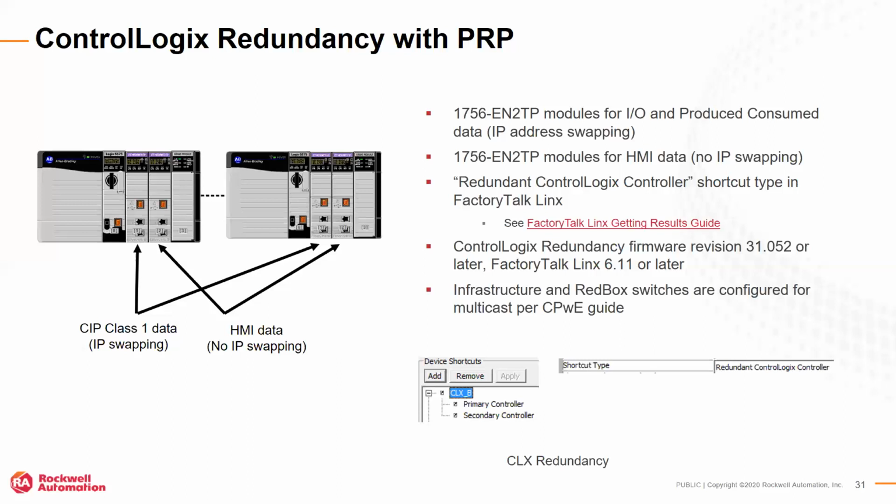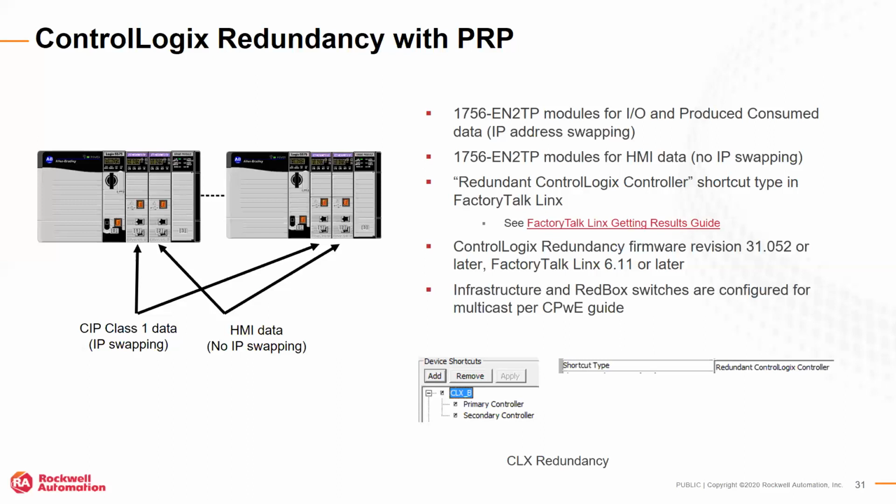If you turn off IP swapping for the HMI data, that potentially reduces the convergence time in your HMI on a swap over. That functionality is available with version 31.052 of the firmware, and also with FactoryTalk Linx version 6.11 or later.